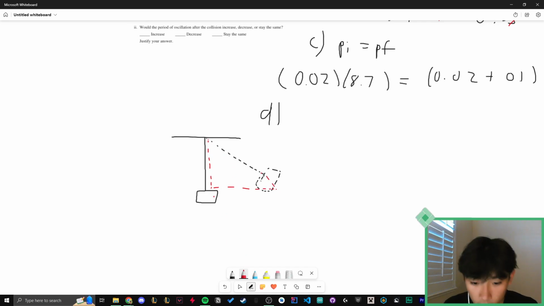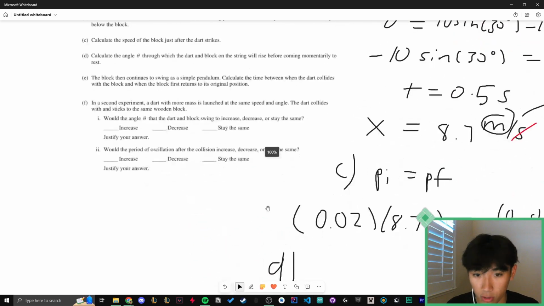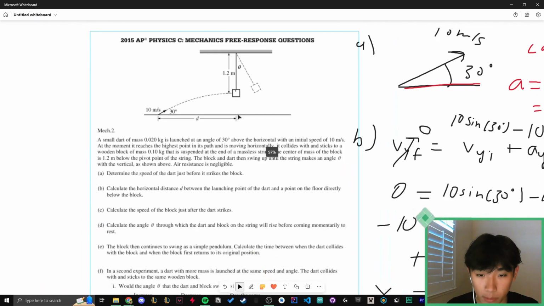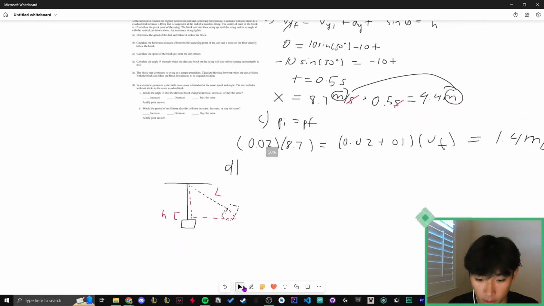So if you notice, this distance should be a little bit higher than this distance. And this right there, this distance is what we're going to call H. This I'm going to call L. And L basically stands for the length of the string, which happens to just be 1.2 meters. So this is going to be equal to 1.2 meters.